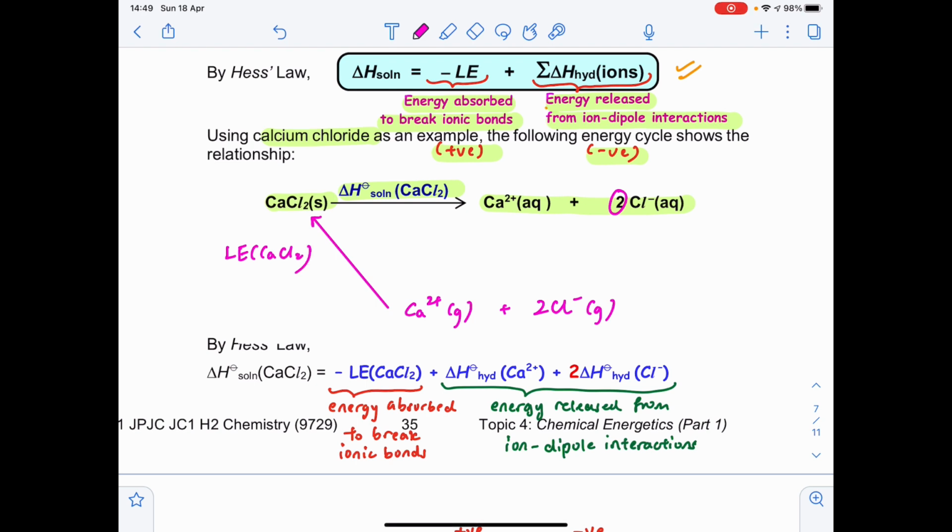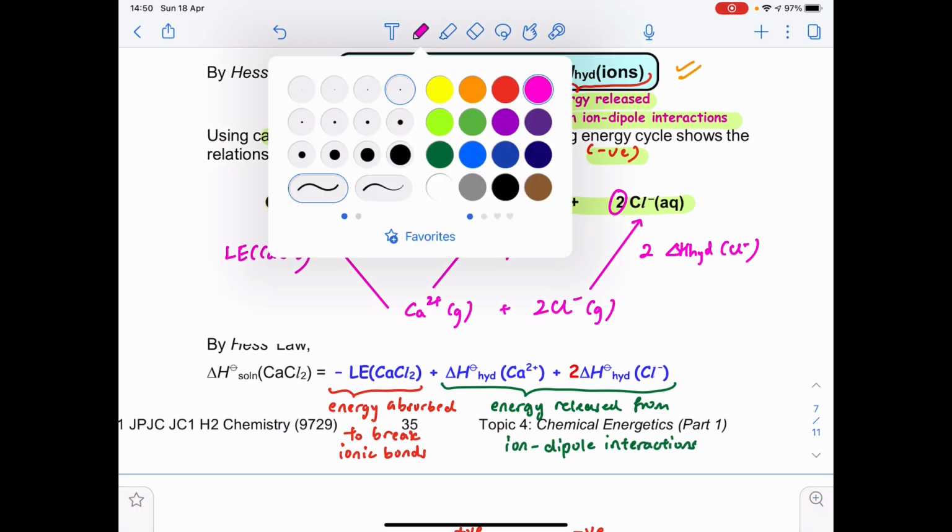And the gaseous ions can undergo hydration. So this is the enthalpy change of hydration of Ca2 plus. The 2 moles of chloride can also undergo hydration. So this is the enthalpy change of hydration of Cl minus. Since 2 moles of chloride undergo hydration, it is times 2. So by Hess's law, the enthalpy change of solution of calcium chloride, this is the direct path.